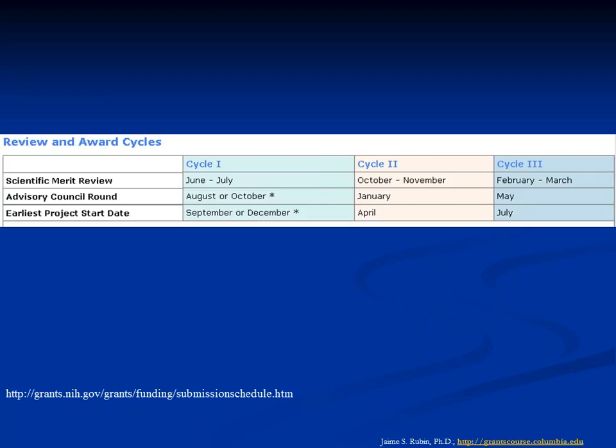And then perhaps you'll be funded sometime in September to December. So it really is a 9-month process from application to award, if you will. You apply, then there's the review committee, then there's the Institute's council agreeing with what the review committee says, and then an award about 3 months later. It's a very long process.